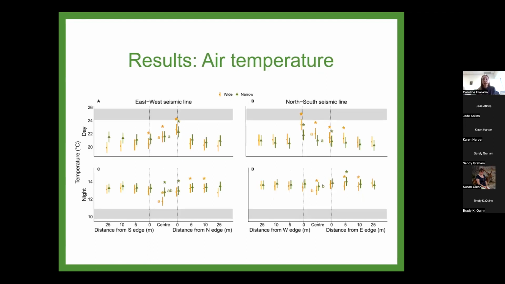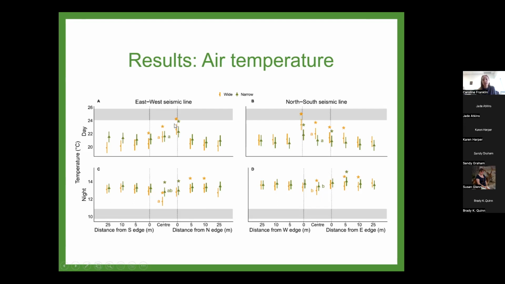These are the results for air temperature. Here what we're seeing on the top is air temperature during the day. And then on the bottom, we're seeing air temperature at night. Those gray bars in the plots are representing the results from the well pads. And what we see here is that, again, this strong effect on the south-facing edges.